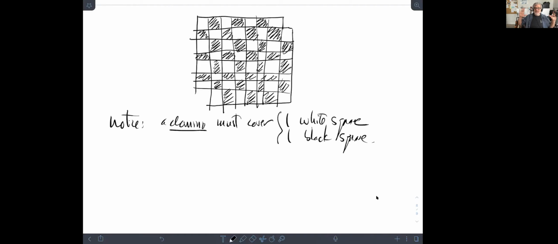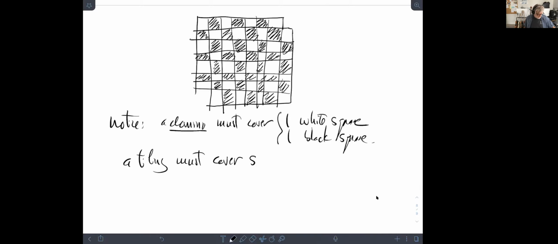So if you have a tiling, it means that you must have covered the same number of white and black squares. So a tiling must cover the same number of black and white squares.